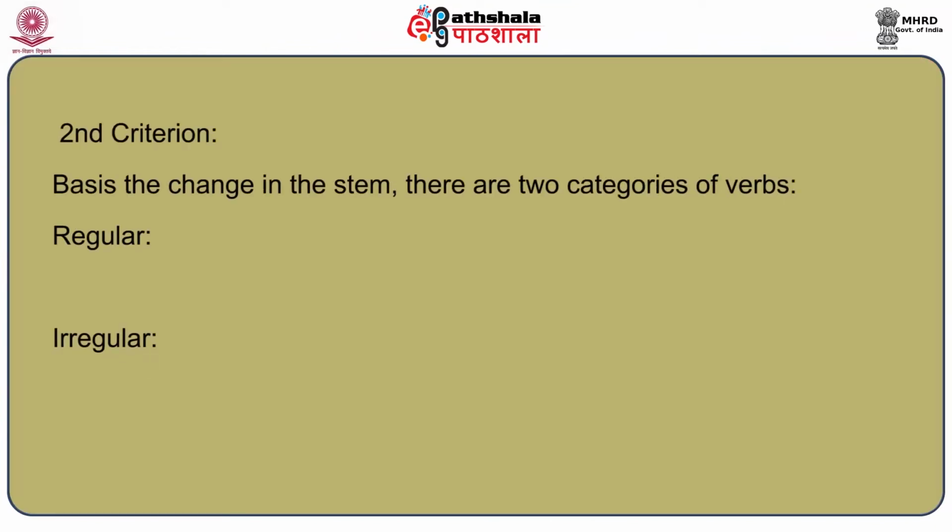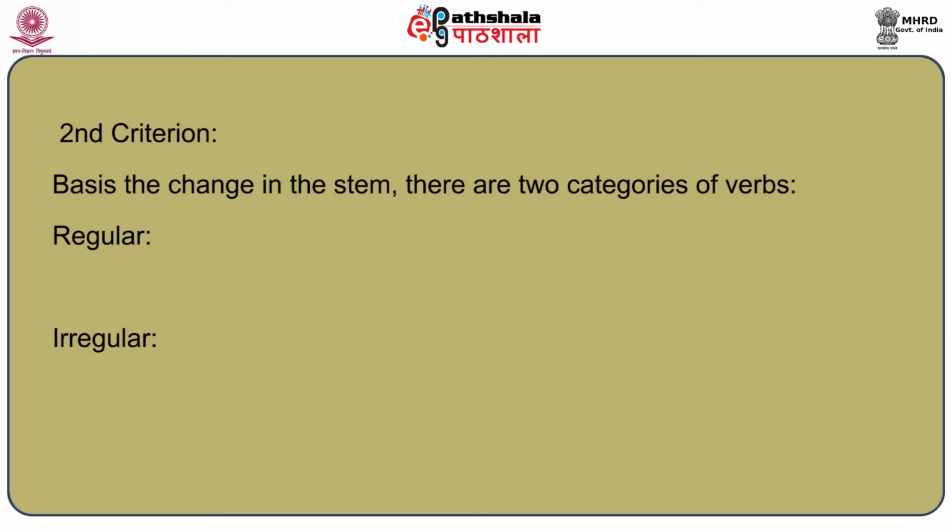Now let's talk about the second criteria, that is verbs which change in the stem. There are two categories of verbs here, and we have divided them into regular verbs and irregular verbs. So what are regular verbs?